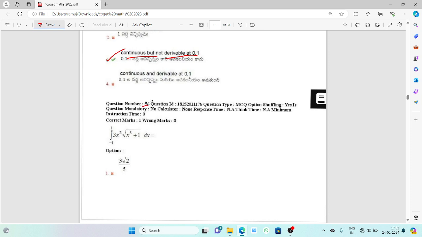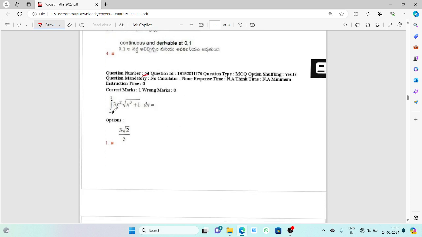Question number 54 is a simple integration: the integral from minus 1 to 1 of 3x square under root of x cube plus 1 dx. Here we have to change the variable. Let x cube plus 1 equal to t. I get 3x square dx equal to dt.